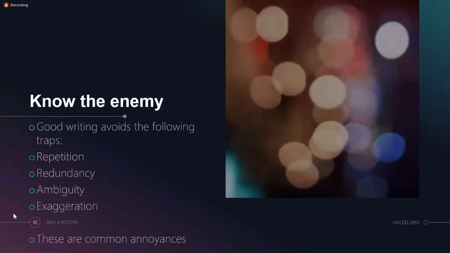Repetition, redundancy. Many a time, what writers do is copy paste things from different sources. Those come under plagiarism allegation. So don't go near that, and do read about what plagiarism is. Copy pasting is not allowed.